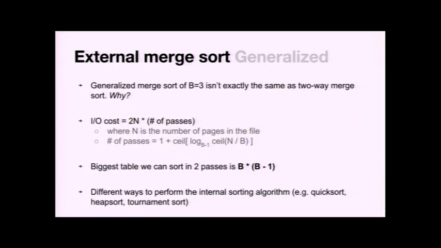Here are some questions. If we perform generalized merge sort with B equals 3, it's not the same as a two-way merge sort. Does anyone remember the answer to this question? This was on the first midterm review.